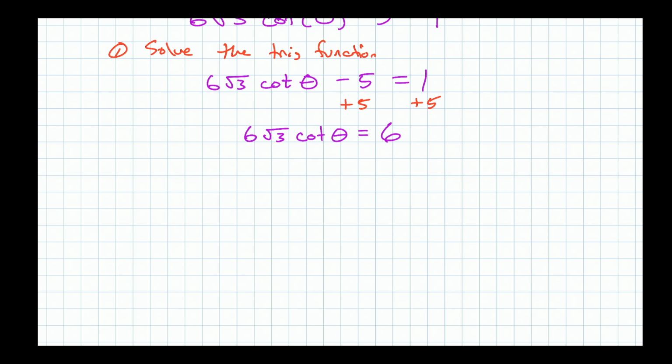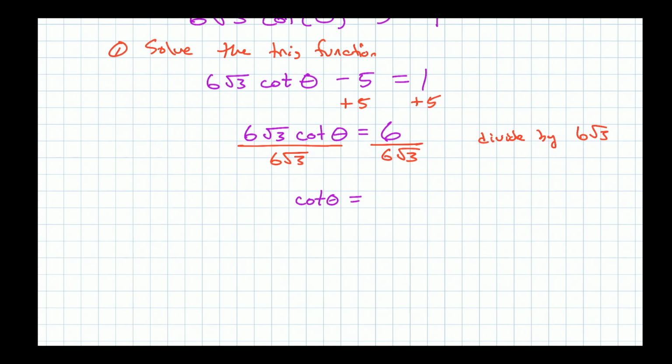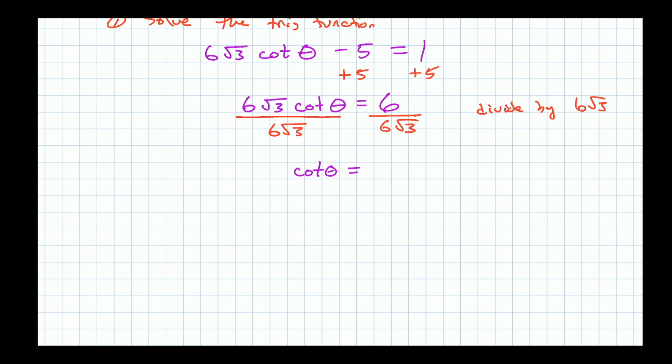So then you should divide by 6 square root 3. So you get cotangent theta is 6 over 6 square root 3. The 6's cancel. It's still a fraction though.